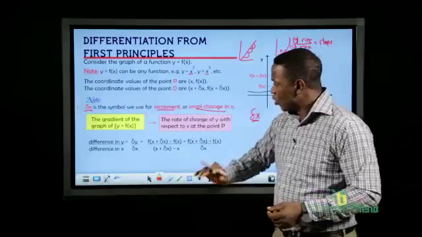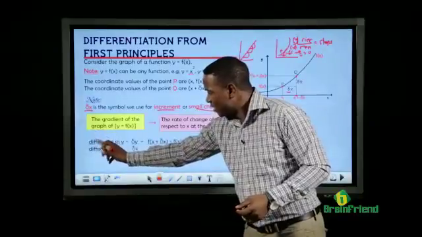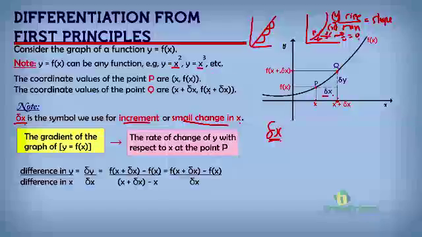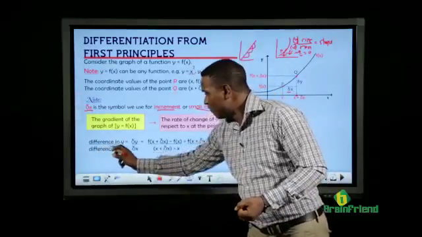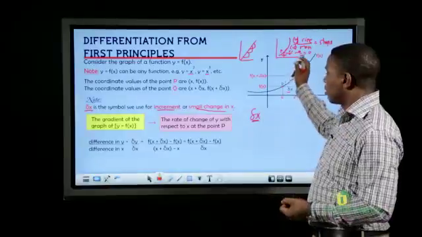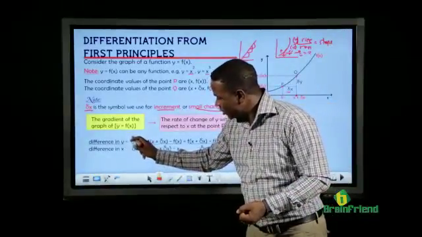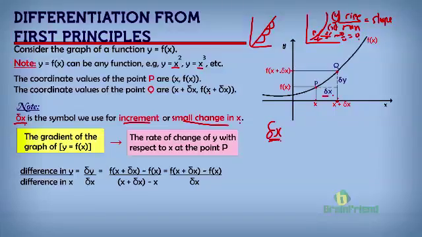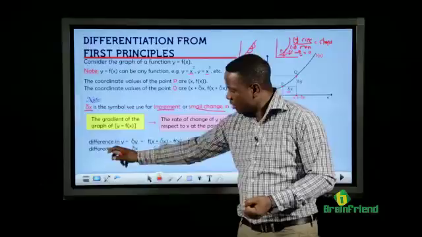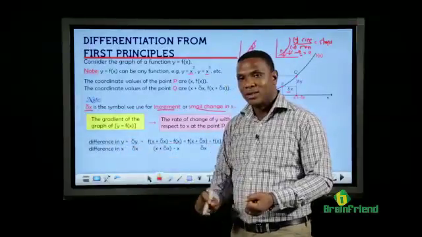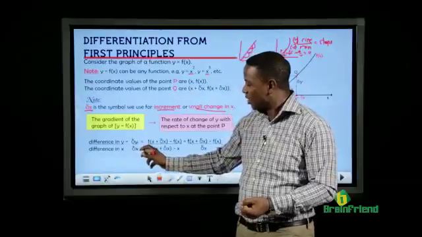To get our slope, we'll find our difference in y, which we call the rise, over our difference in x, which we call the run. The difference in y is denoted with a delta y, that is change in y. The difference also in x is denoted with a delta x, which also means change in x.